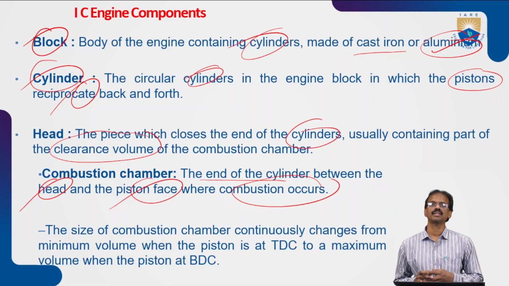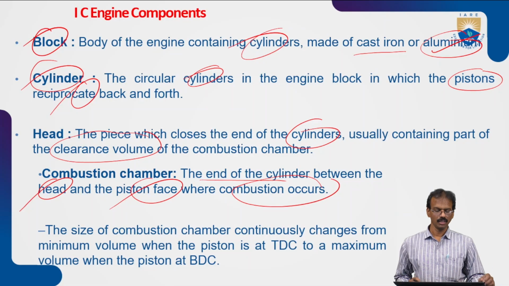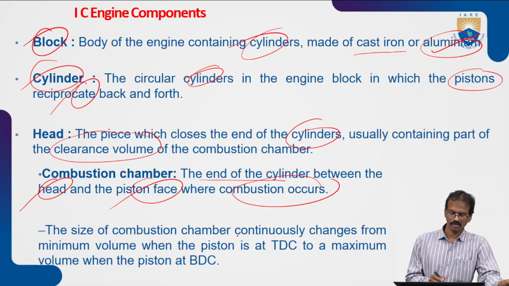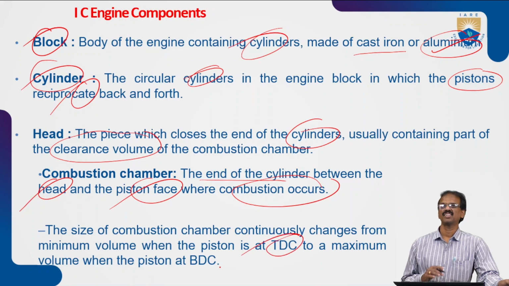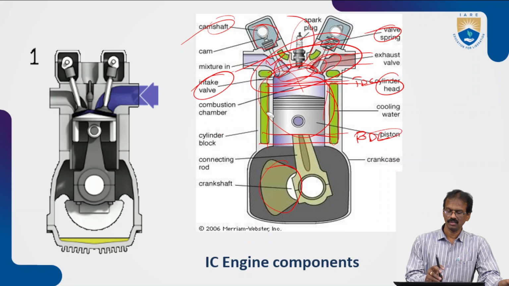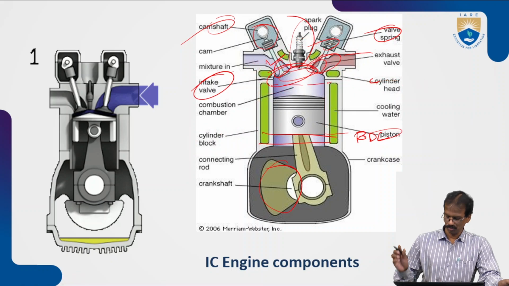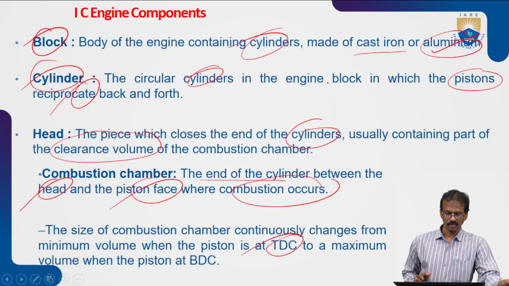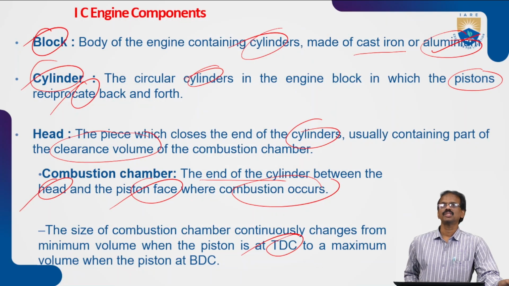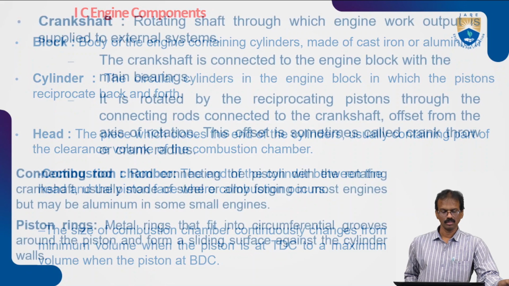The charge is collected in the clearance volume and combustion takes place. The size of the combustion chamber continually changes, with minimum volume when the piston is at TDC, at the top position.